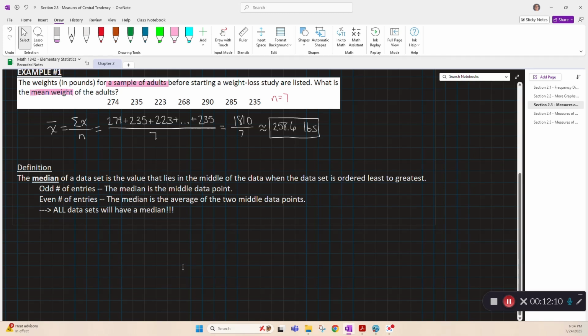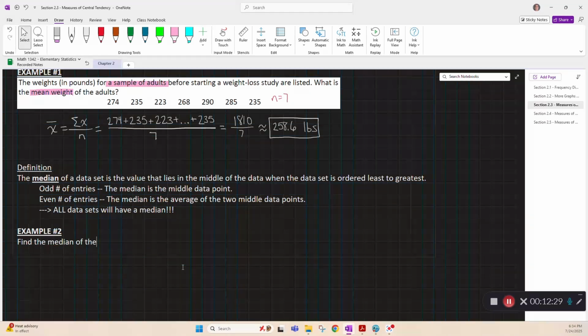Okay, so let's look at example 2. Example number 2. They want us to find the median of the weights listed in example number 1.